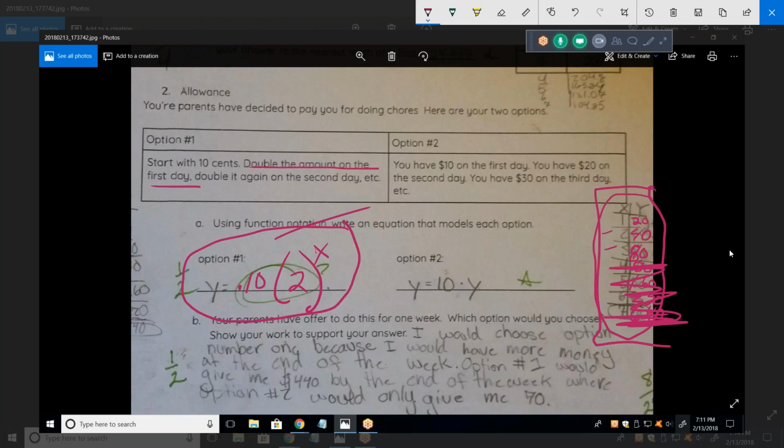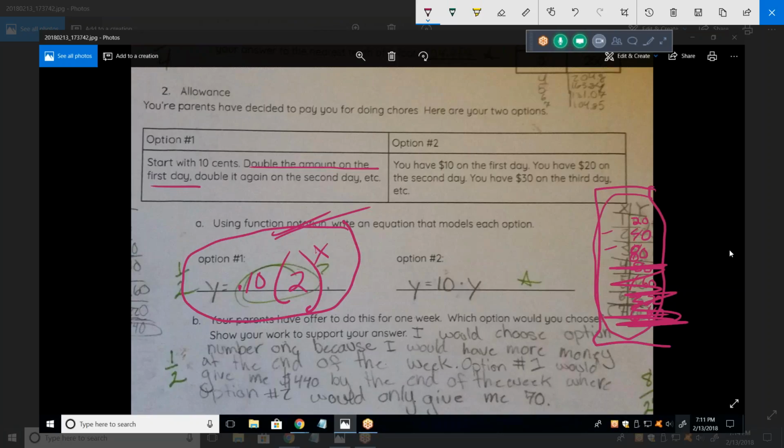Does this represent the correct amount on day 1? Yes, because when you plug in a 1 for x, you get 2 times 10 cents. That's 20 cents. That's what they agreed to do, is double it on day 1. So on day 1, when x is equal to 1, you better have 20 cents.